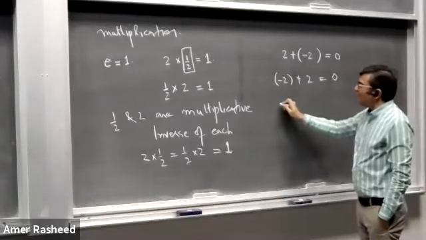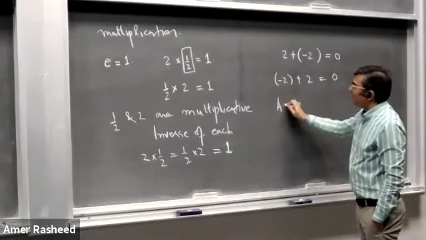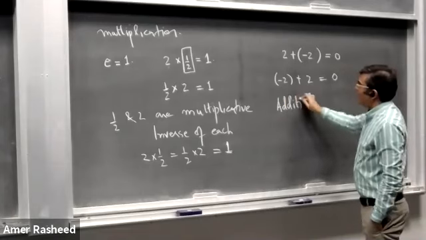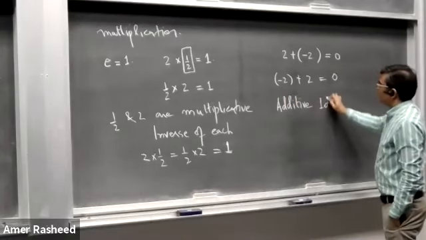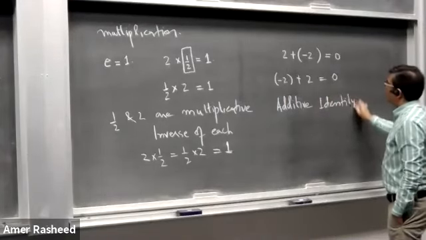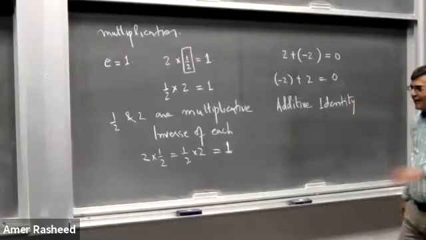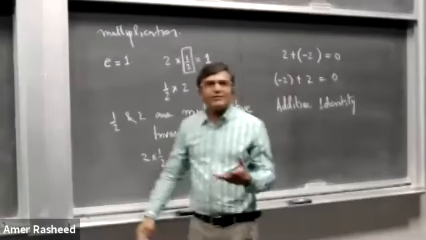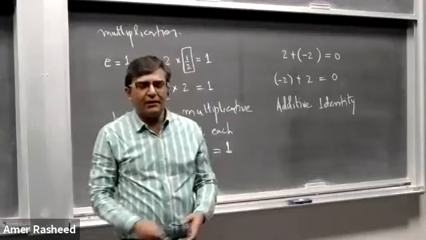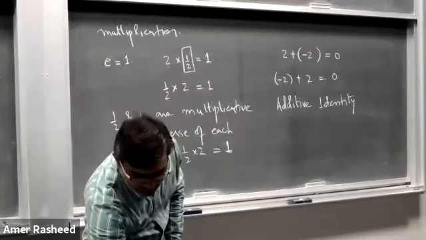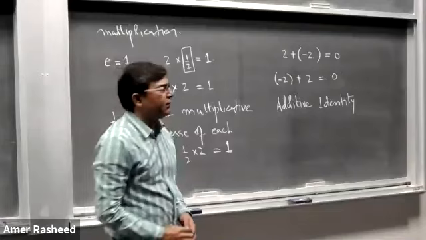So 0 here is the additive identity. Remember these things: identity in different situations and different binary operations is different. It's not the same.